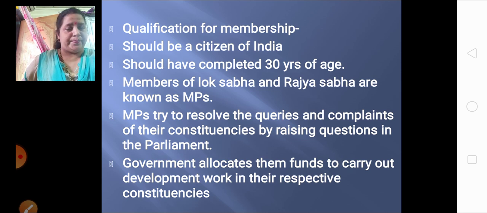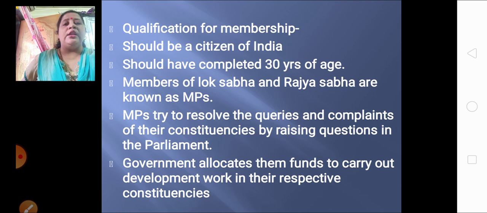Now, what is the work of these MPs? They try to resolve the queries and complaints of their constituencies by raising questions in the Parliament. As they are representing their constituencies, they have to be always talking about resolving the queries and complaints of their constituencies.